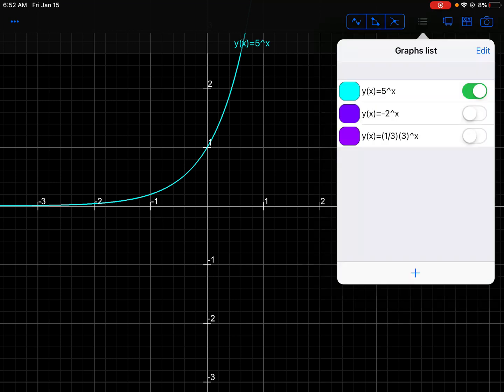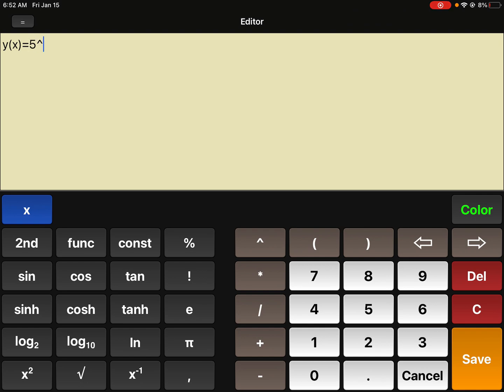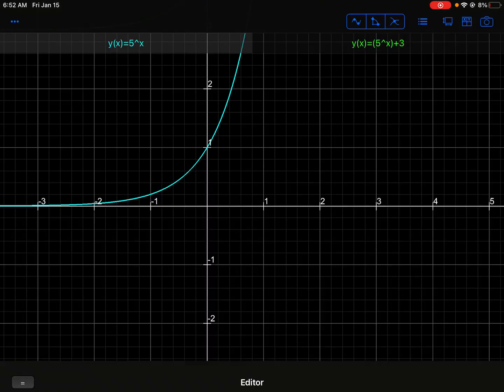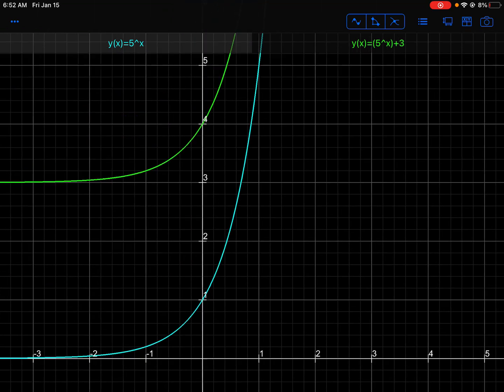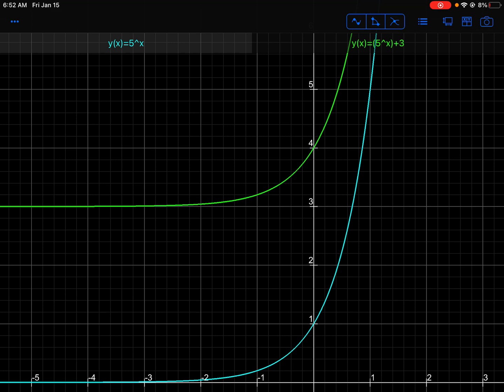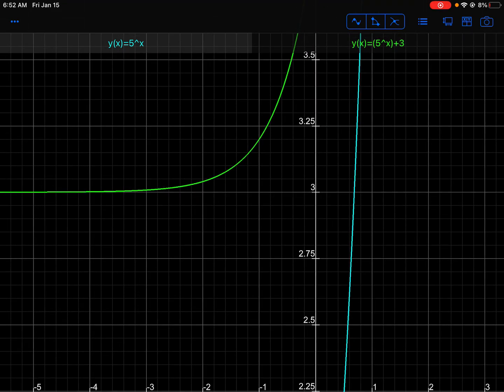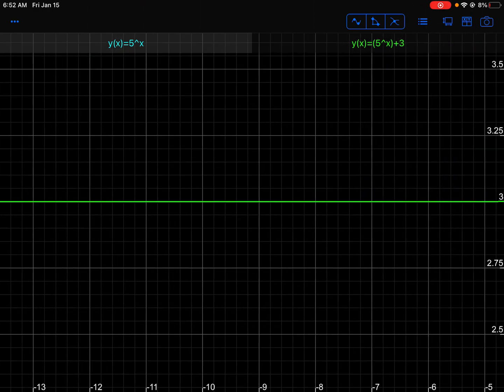Now if we were to change things just a little bit and make this 5 to the x, I'll put that in parentheses, plus 3, then that plus 3 on the end changes where our asymptote is. Now our asymptote is at 3, and it will never cross.